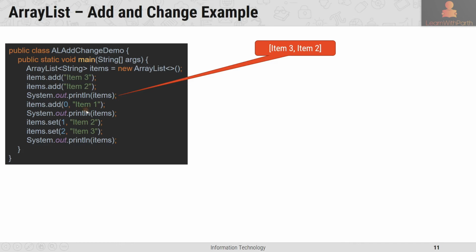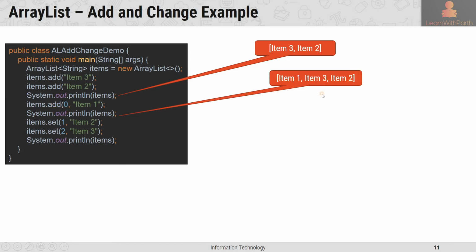Whatever items are already there would all be shifted by one index. Initially item 3 has index 0, so now it becomes 1, and item 2 becomes index 2. Item 1 is added at the front. So here we are explicitly changing the insertion order, and we use this method to do so. When this is printed, it will look like item 1, item 3, item 2.